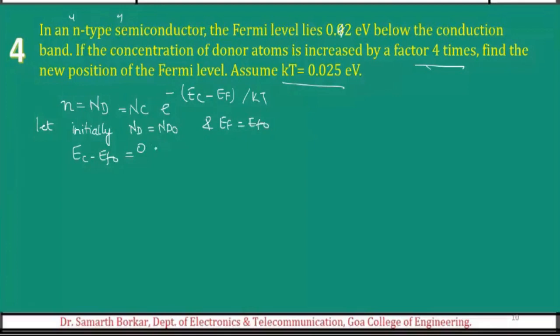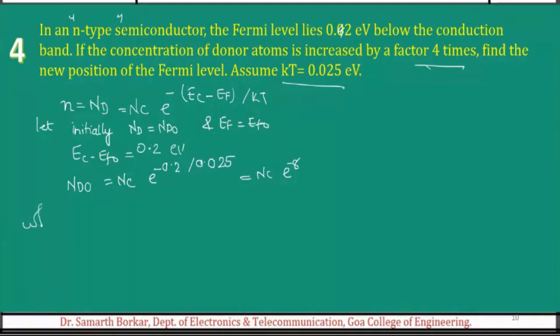Okay, 0.2 electron volt. So NDO equals Nc e raised to minus of 0.2 by 0.025. So it is Nc e raised to minus of 8.